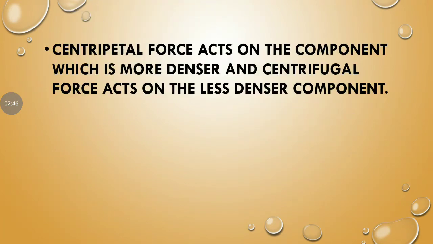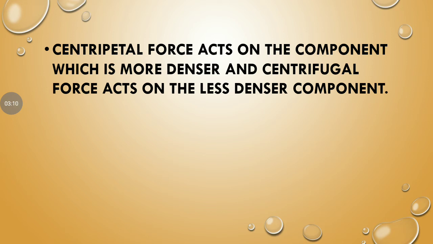So how does it happen? Centripetal force acts on the component which is denser, or which has more density. That means we can say generally centripetal force acts on the component because it has more density, and centrifugal force acts on the less dense component of the mixture.